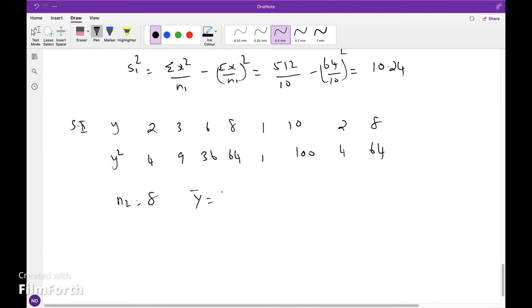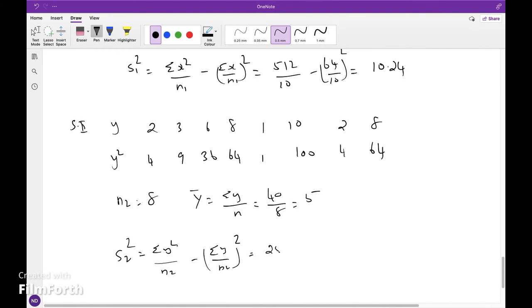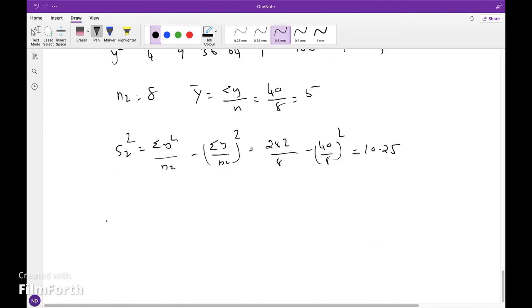So y bar is equal to sum of y by n, that is 40 by 8, that value is 5. So s2 squared is sum of y squared by n2 minus sum of y by n2 the whole square, that is equal to 282 total by 8 minus 40 by 8 the whole square. Use calculator, we can find the value. The value is 10.25. But here they are asking two cases. One is difference between two sample means and the other two sample variances.